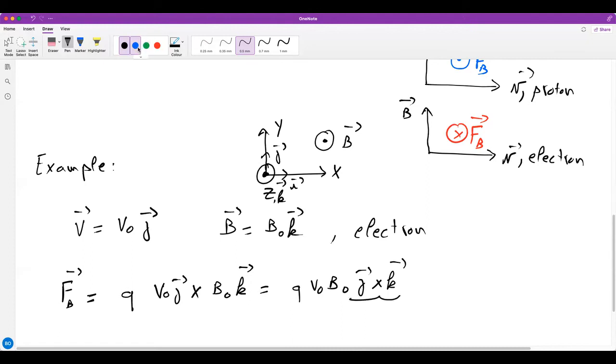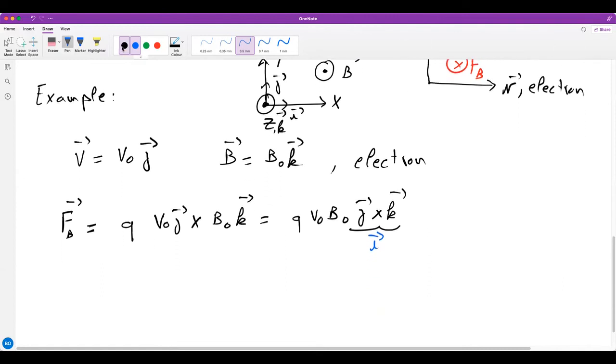So I can easily see that j cross k will give me i, and because the charge of the electron is equal to minus e, where e is, we know, 1.6 times 10 to the minus 19 coulomb.